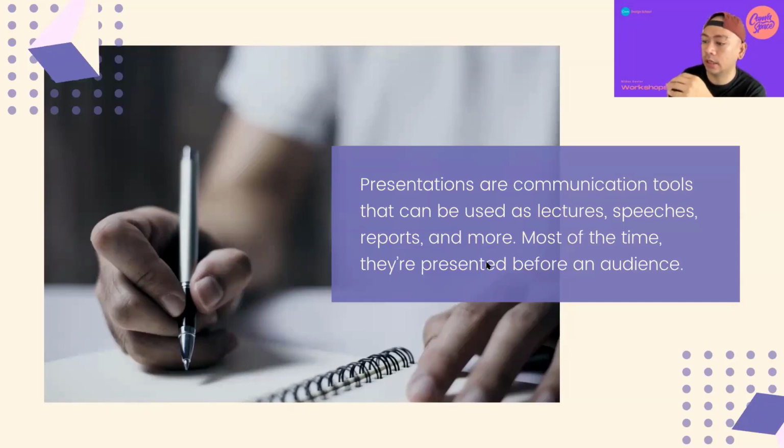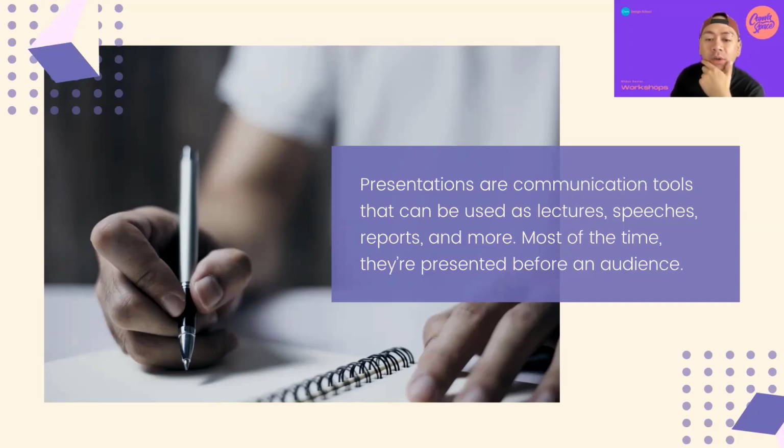And I love what they chose as an image here, which is a hand or a man writing. So it really relates to the text. So presentations are communication tools that can be used as lectures, speeches, and so on, right? So this is the right way of doing it. I like it, like professional look, definitely. Love the simplicity. Right, there you go.